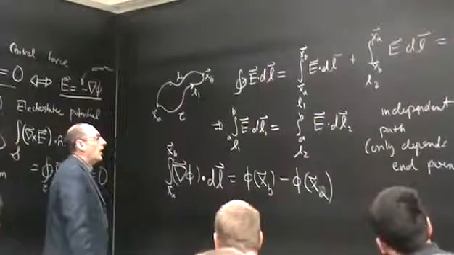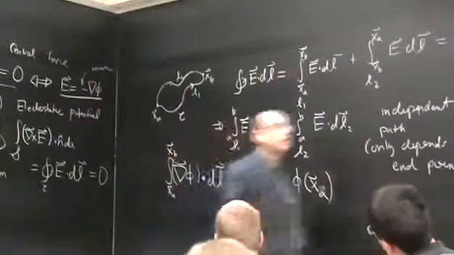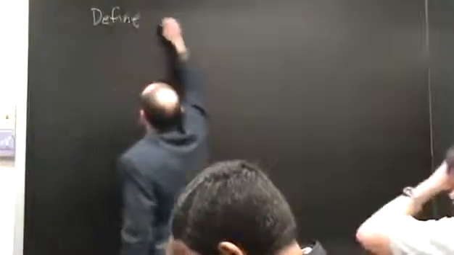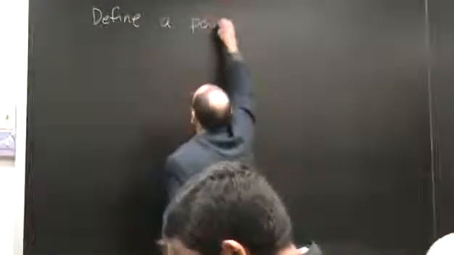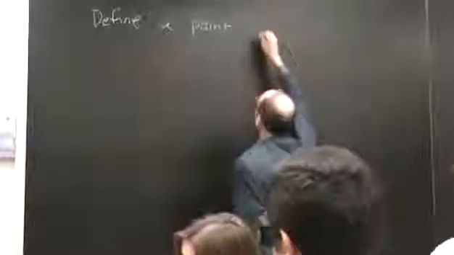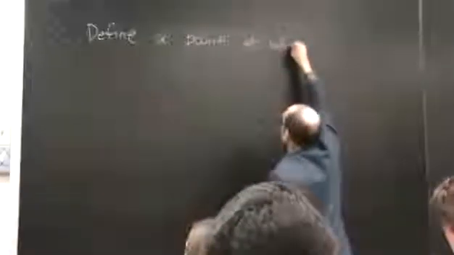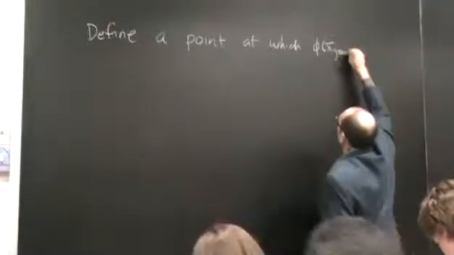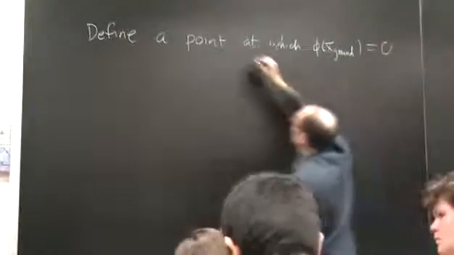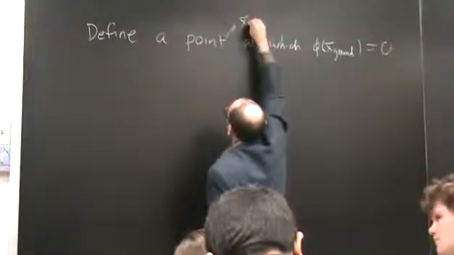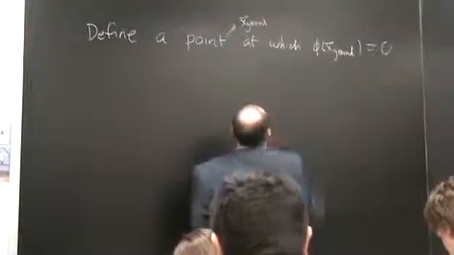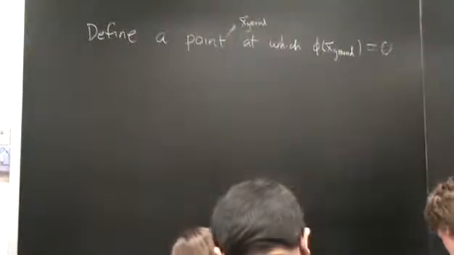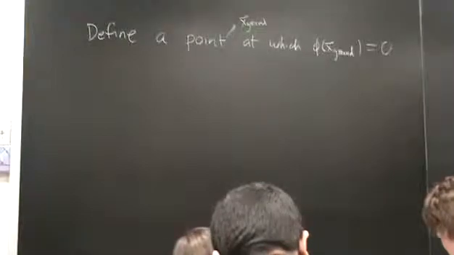Right. So we define, as you know, a point at which phi of x, I'll call that point ground, is 0. So the point x ground is the ground, the place where the electrostatic potential is 0.